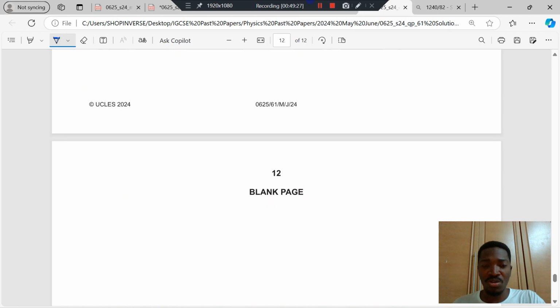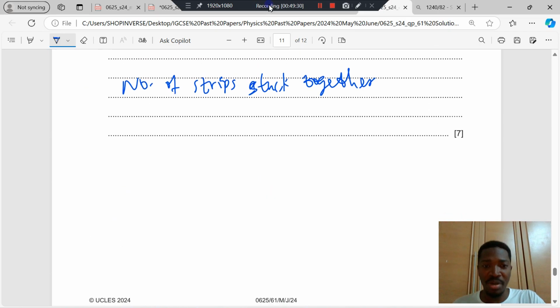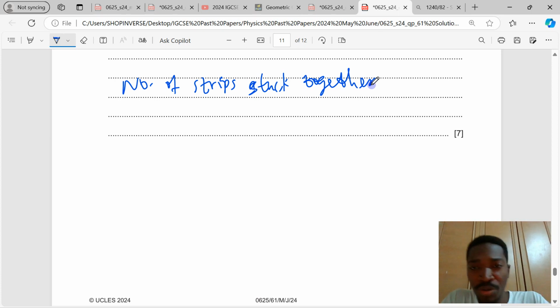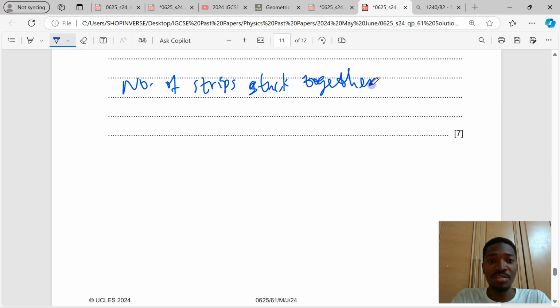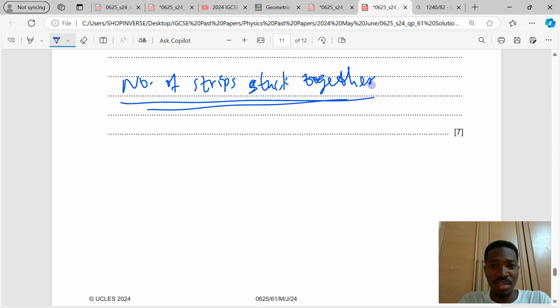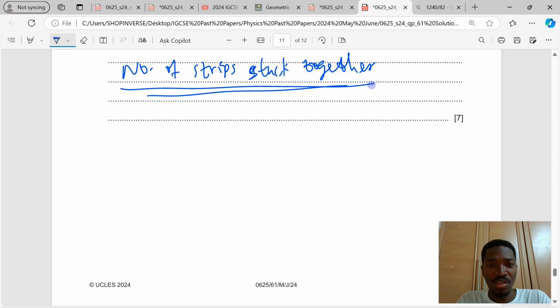I deliberately did not write about the increasing number of strips of wood. So what you can do is write out this procedure on your own, in terms of the number of strips of wood, and send your answer to me in the comment section. Write out your plan of this experiment and comment it on this video. I'll be checking your comments and I'll be responding.